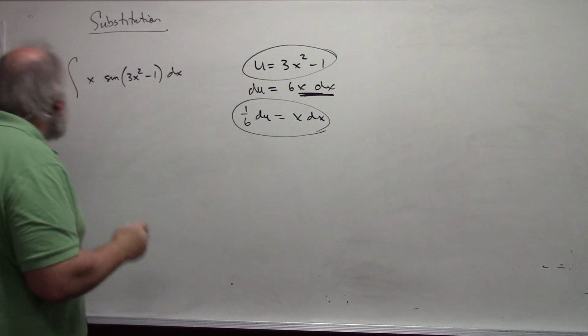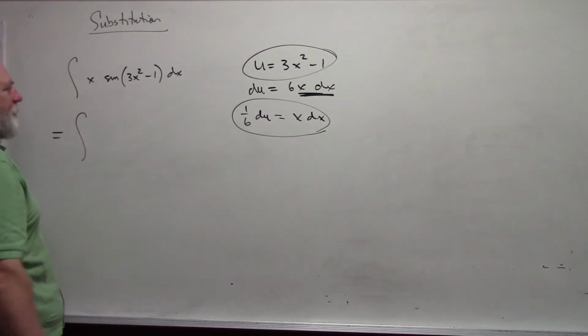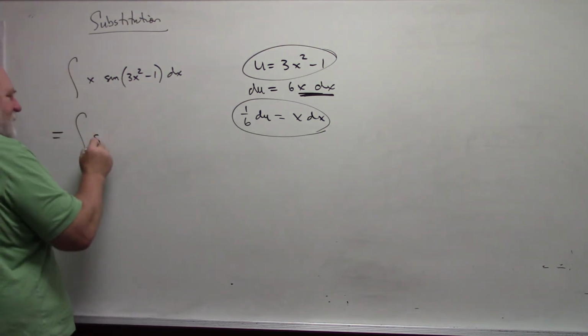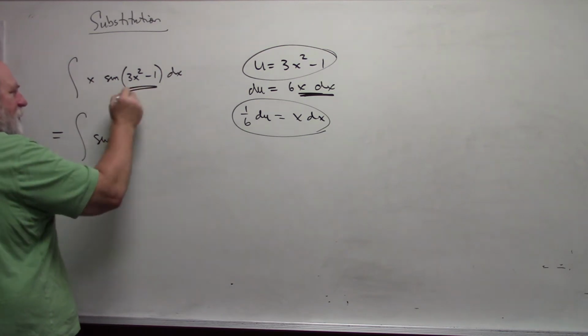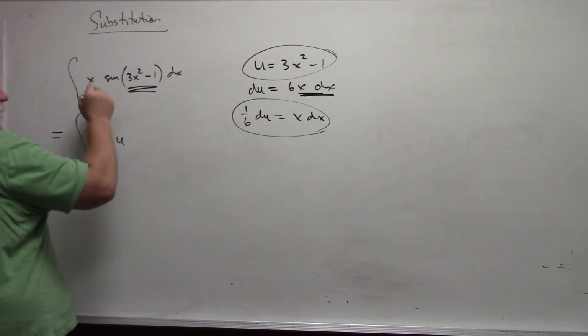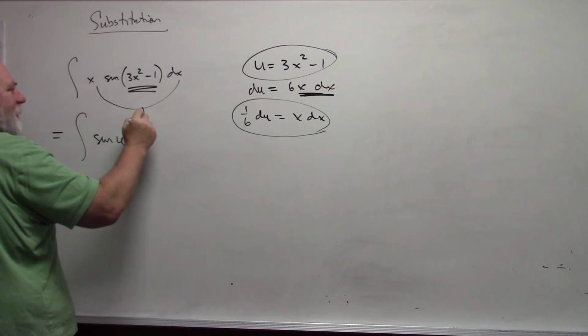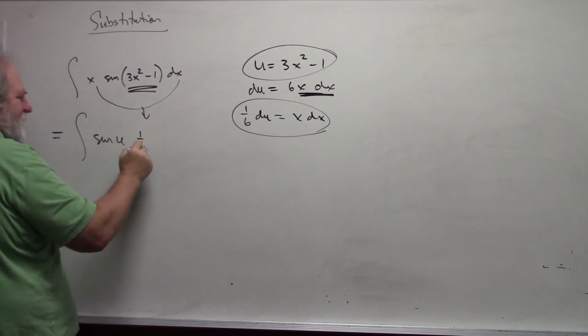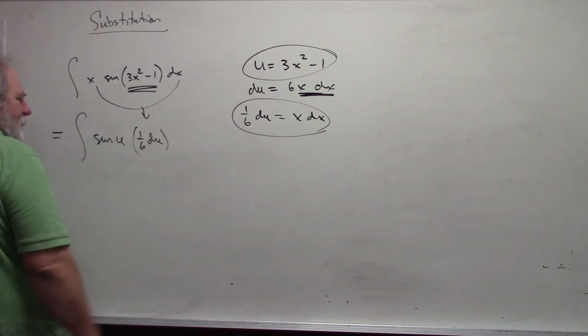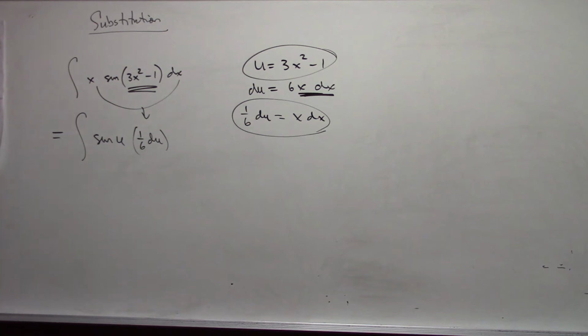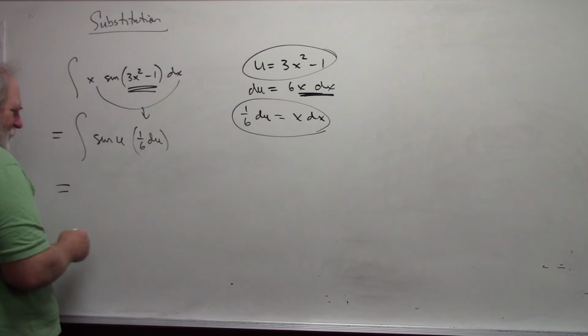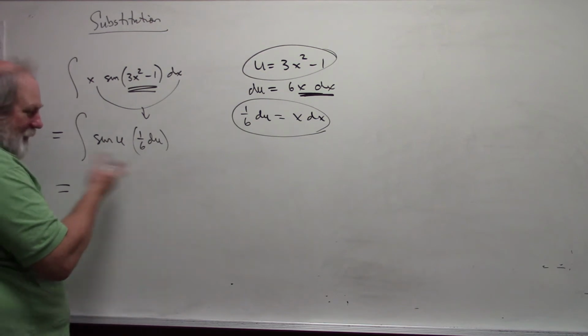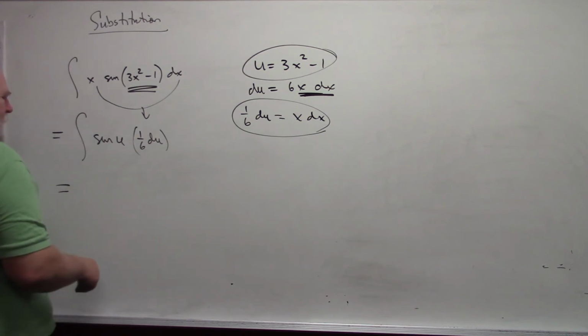Once I have these, I substitute in. This becomes sine of u, doing the first substitution, and x dx is 1/6 du. The number at that point just stays. When we take the antiderivative, if you like, we can move it on the outside. It doesn't matter. Sometimes I'll just move it directly out.